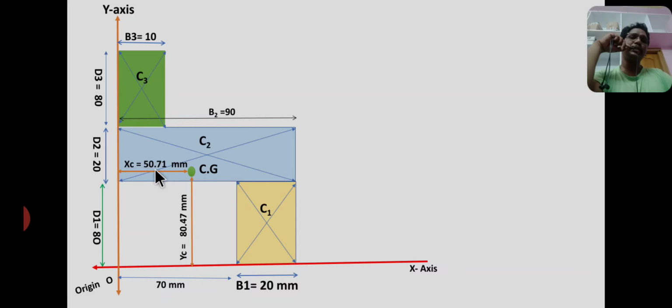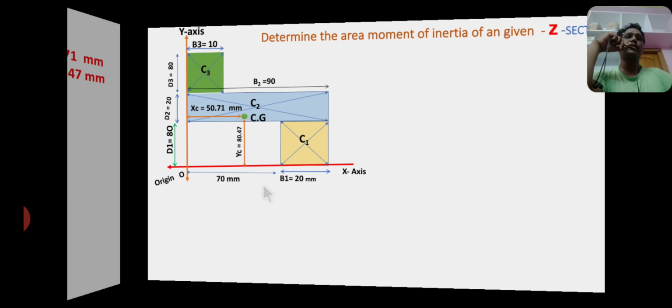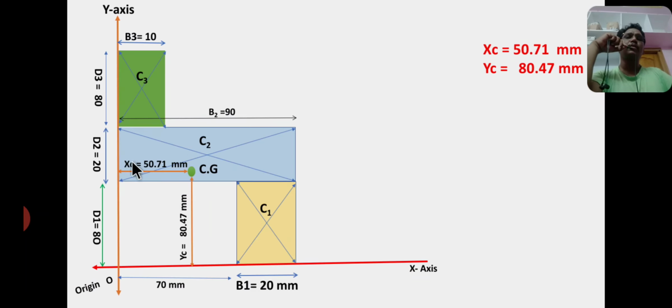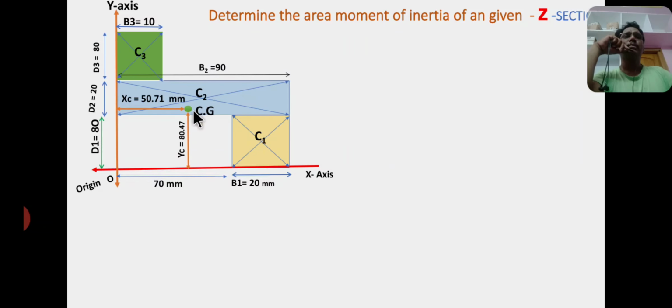The horizontal distance between the centroid and the y-axis is called XC, and the vertical distance between the centroid and the x-axis is called YC. XC equals 50.71 and YC equals 80.47 mm. CZ is the final position of the centroid.